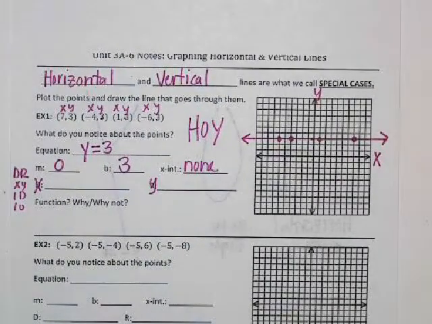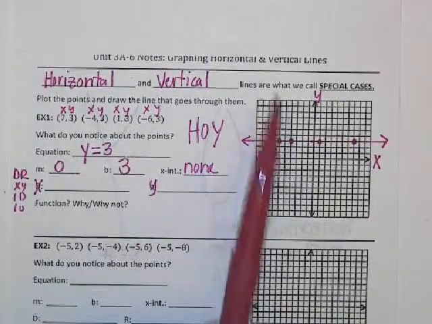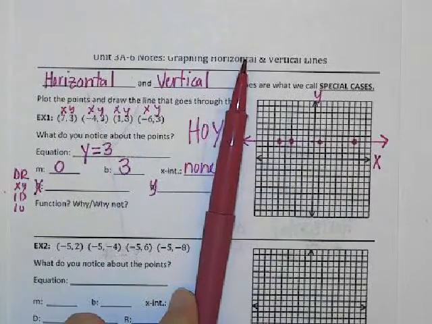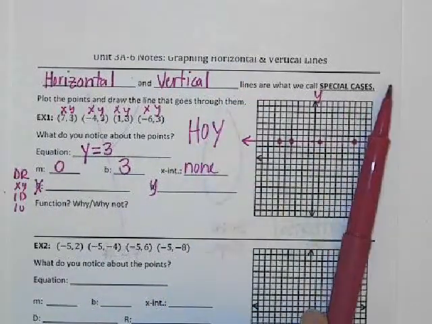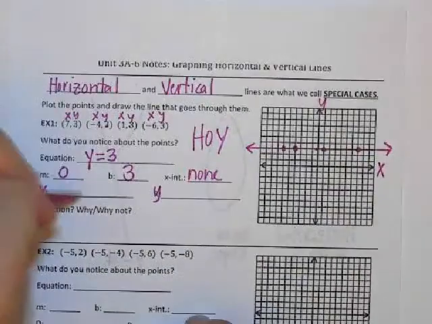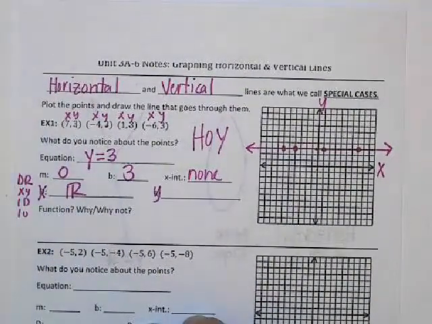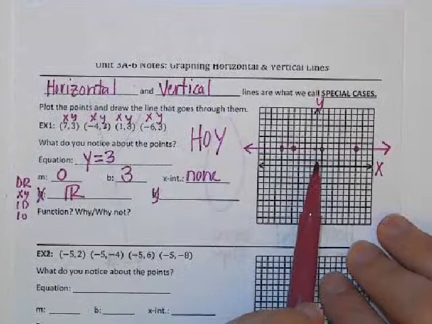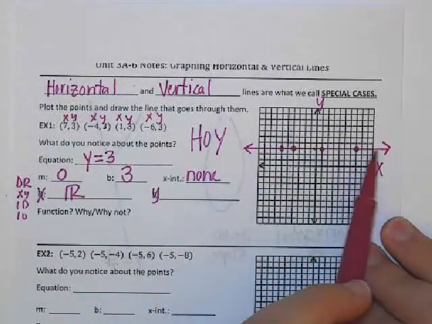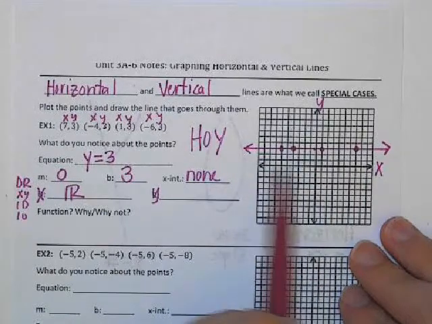X. If I was reading the book, right? Because that's how we do this. If I read the book, what's the first thing I touch? Arrow. What's the last thing I touch? Arrow. So what do 2 arrows mean? All real numbers. It's going to touch every X because it goes on forever this way and it goes on forever this way. So it's going to touch all the X's.